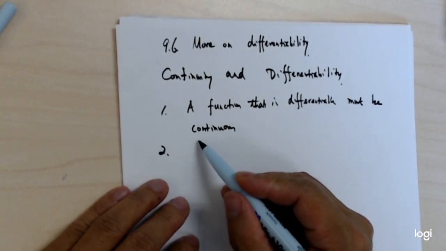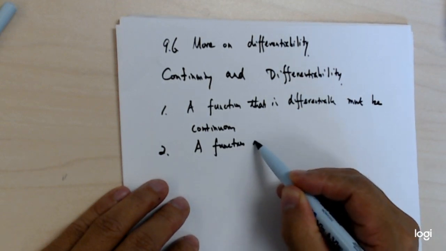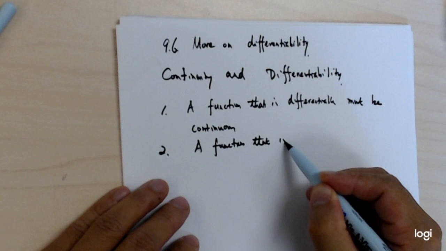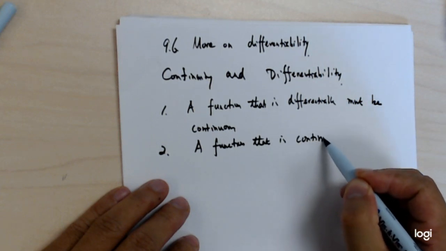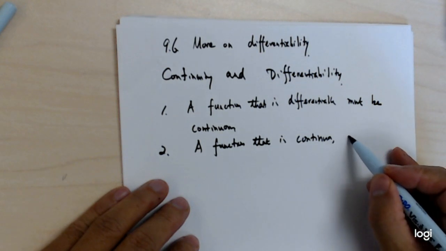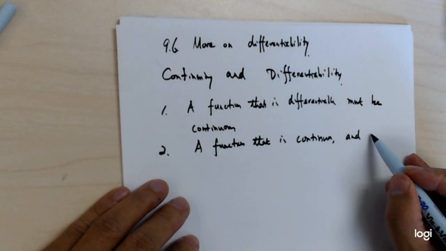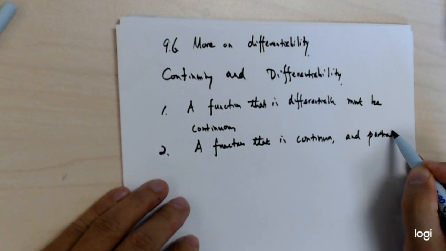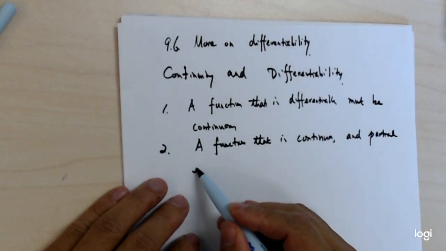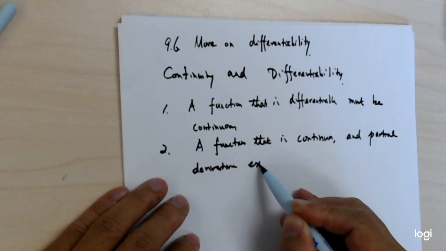Number two. A function that is continuous, and even with the existence of partial derivatives, the partial derivatives exist.